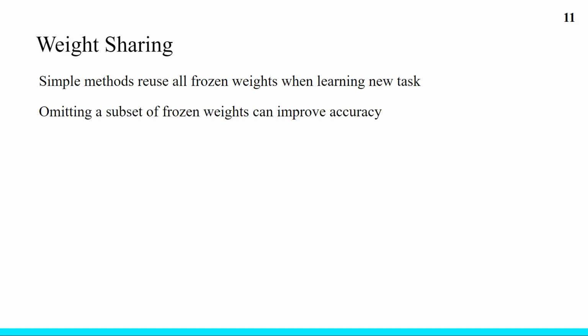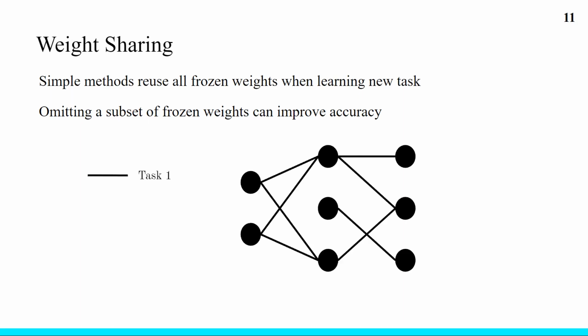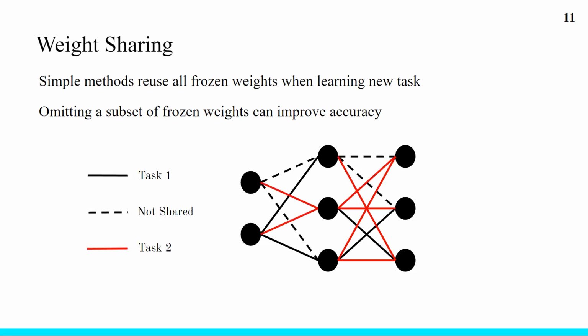However, it's been shown that rather than reusing them all, by omitting some subset and only using the most important ones, you can improve the accuracy compared to that baseline. To give a brief visualization, say we're on task 2, we've frozen some subset of the weights for task 1, and we omit some of them, setting them temporarily to 0 for this task, and then train the new weights.